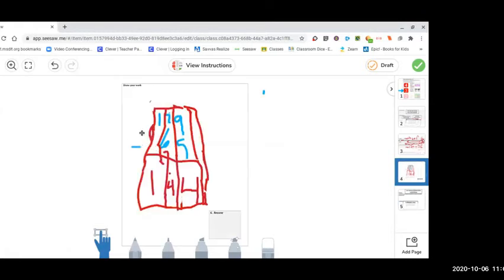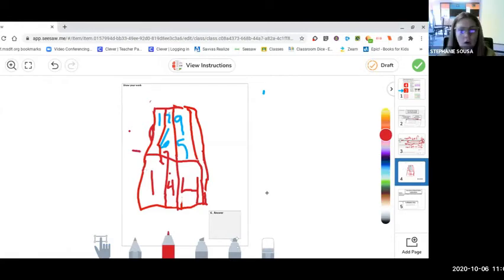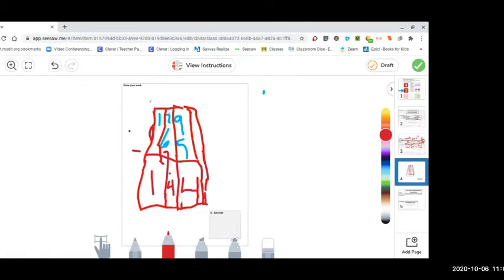At first I had a plus, but now I have a minus. So talk with us about why you changed it. Why did you change from addition to subtraction? Because I saw my addition was wrong because I saw it was actually subtraction and I didn't know.